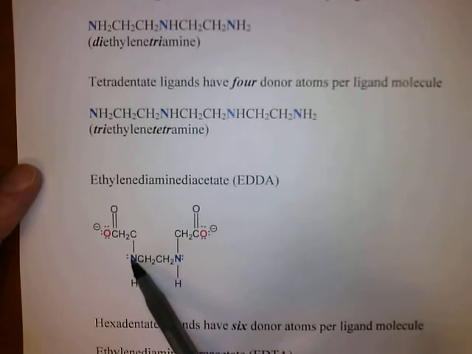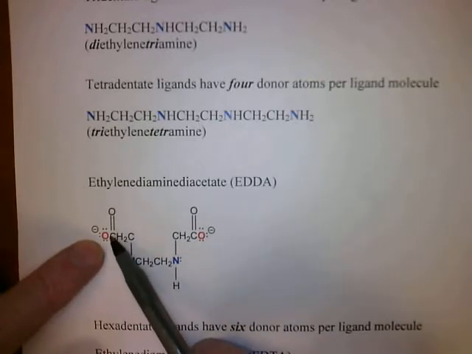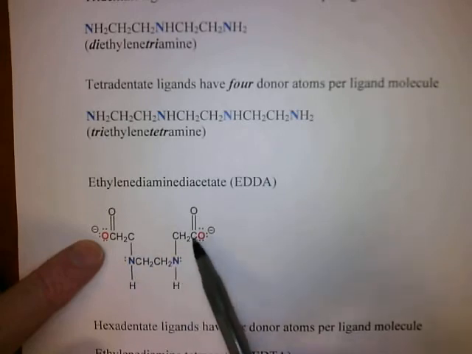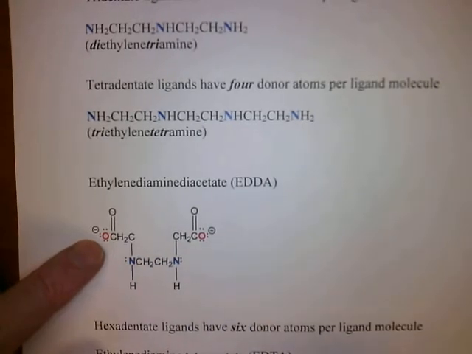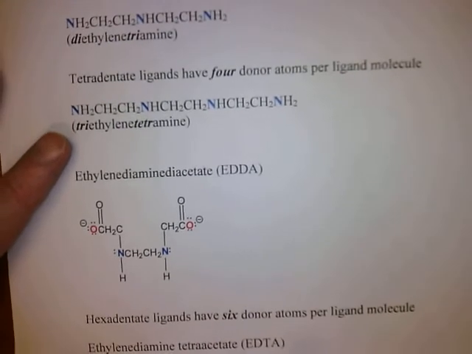The two nitrogens in the ethylene diamine still have those unshared pairs. They're going to donate. And then we have 2 unshared pairs on the oxygen atoms on the acetate groups, right? So we're going to have 1, 2, 3, 4 donor atoms. That makes it a tetradentate ligand.